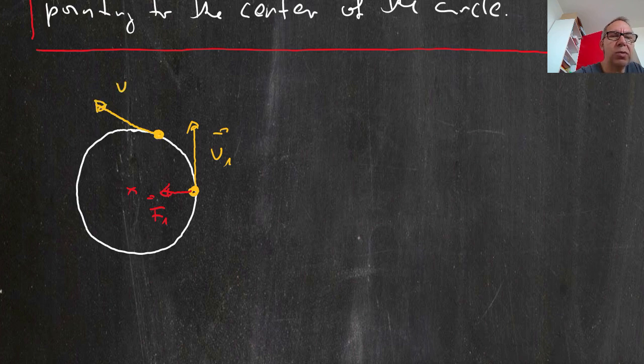Same magnitude, so it hasn't gotten faster, but a different direction. And the force still points towards the center, F2. So if you go around this circle, the force always points to the inside, to the center. And although you have a force, the magnitude of the velocity doesn't change, but there is a change in direction.